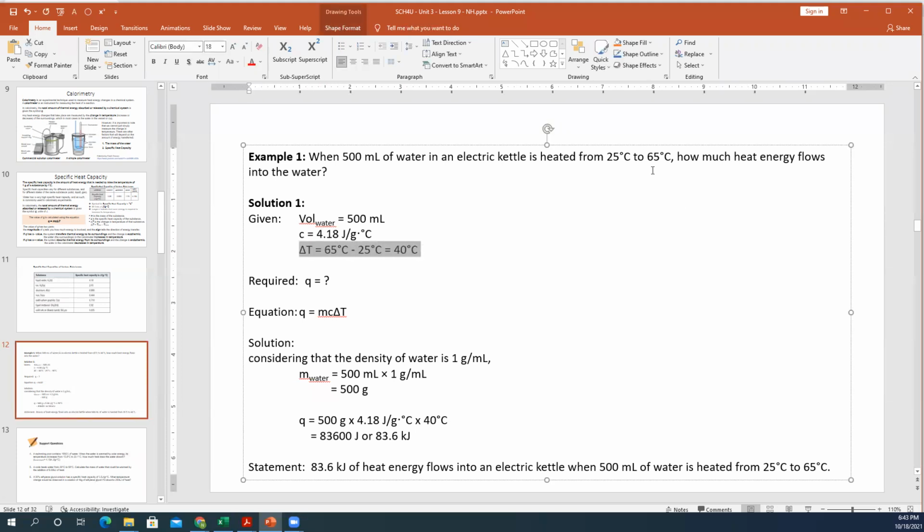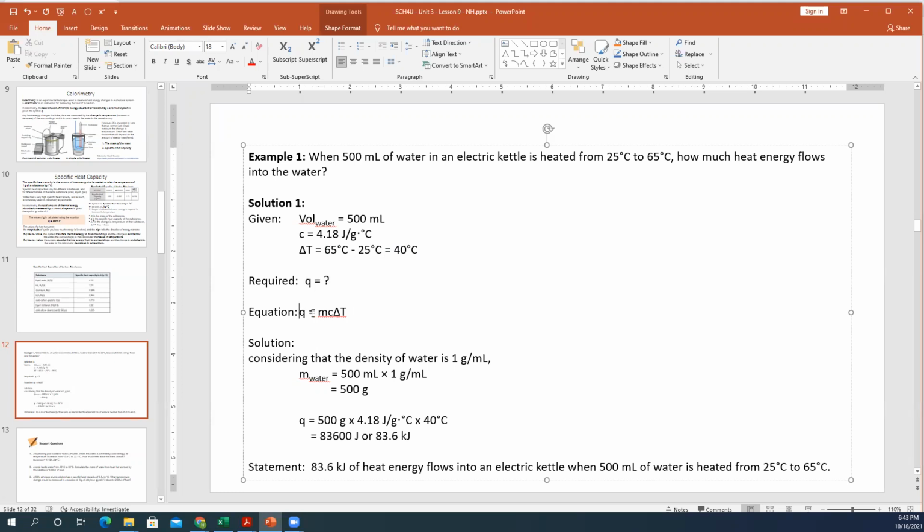So the final temperature, which is 65 degrees, minus the initial temperature, 25 degrees, produces a change in temperature, delta T, of 40 degrees Celsius. So those are things we know. And from that, we want to know the Q, how much heat energy.